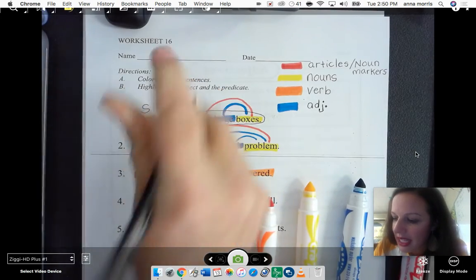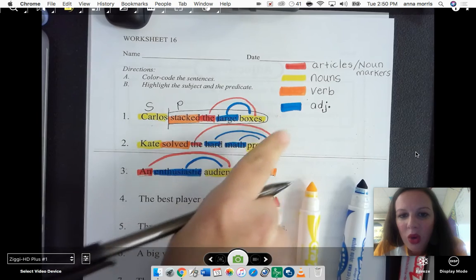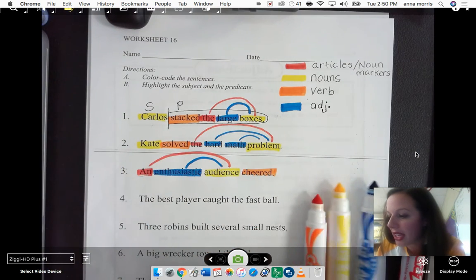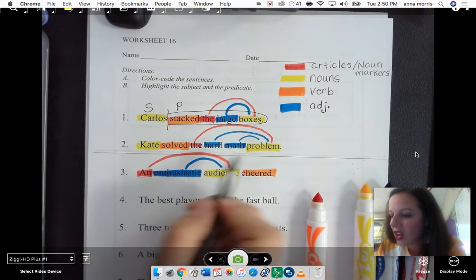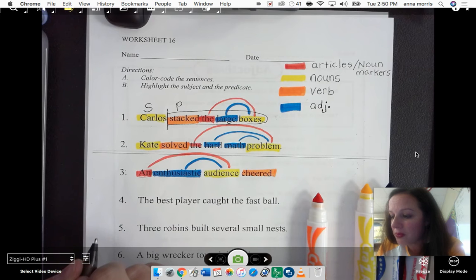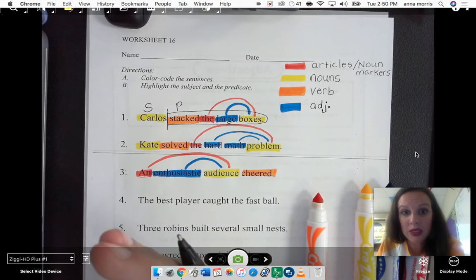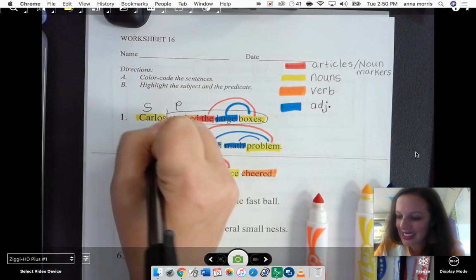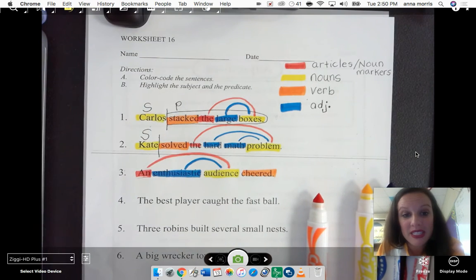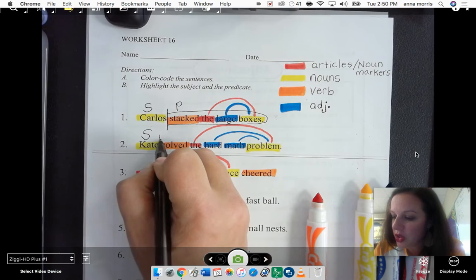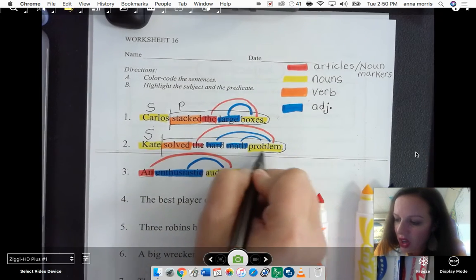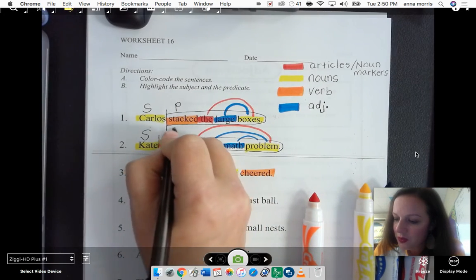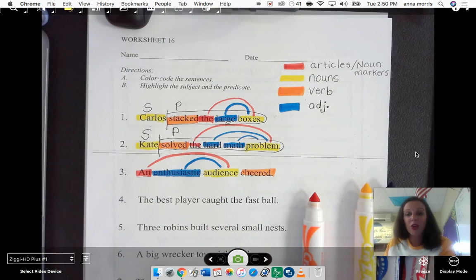Notice that my predicate is going to begin on the verb and go all the way through to be the predicate phrase. Kate solved the hard math problem. Who? That's right, Kate. She's the subject of our sentence. And what did she do? She solved the hard math problem. My predicate phrase is going to begin on the verb.